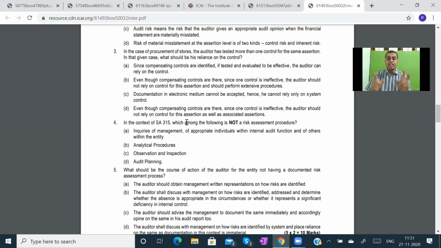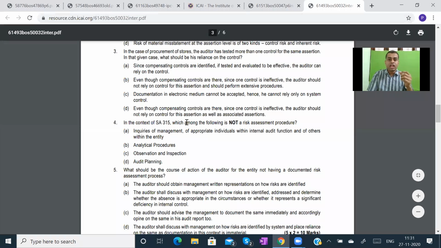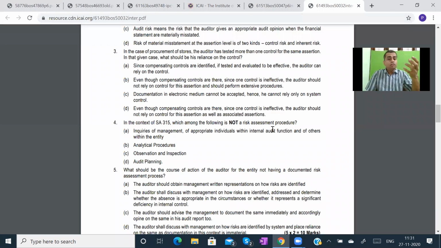Now the question is, there are two controls the auditor is looking at. At the time of receiving the goods, GRN; at the time of accepting the goods into godown, GRN. So the auditor is verifying controls simultaneously on the same matter. So here the point is, one control is missing, but there is a compensating control.